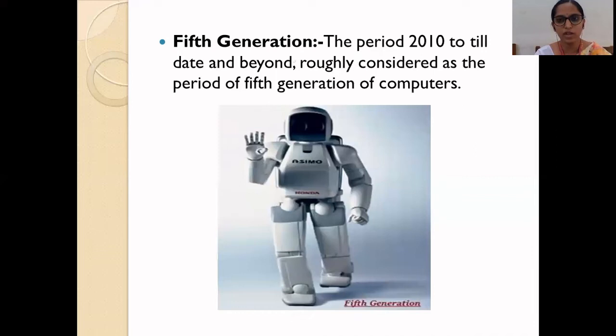The fifth generation computer period is 2010 till date and beyond, roughly considered as the period of the fifth generation computer. In earlier generations, computers were categorized on the basis of hardware only, but fifth generation technology also includes software.